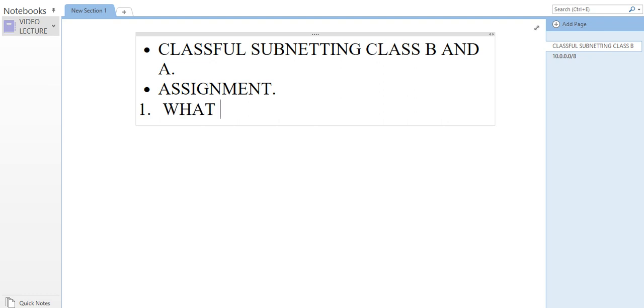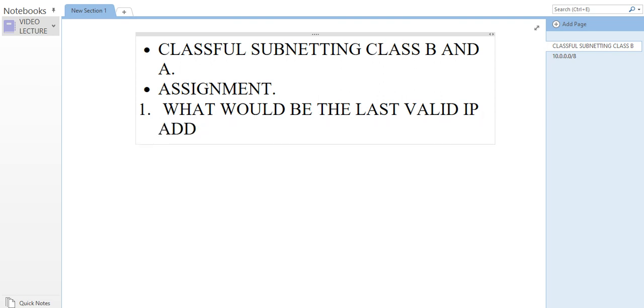What would be the last valid IP address of the network 172.30.0.0 prefix 16?